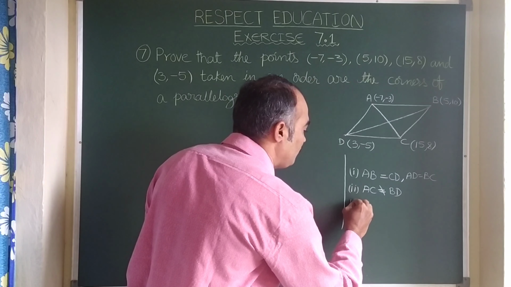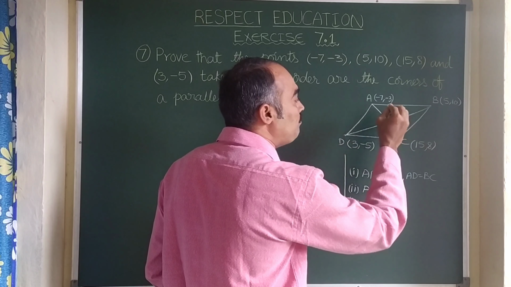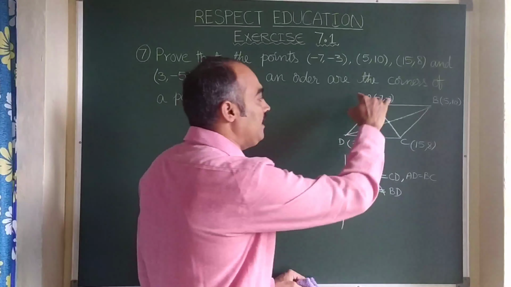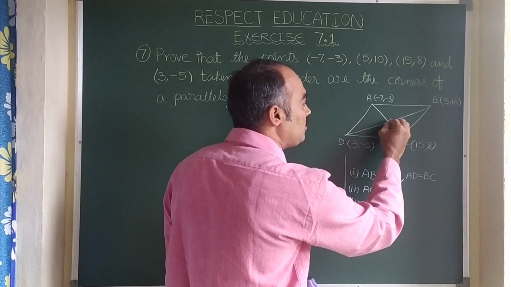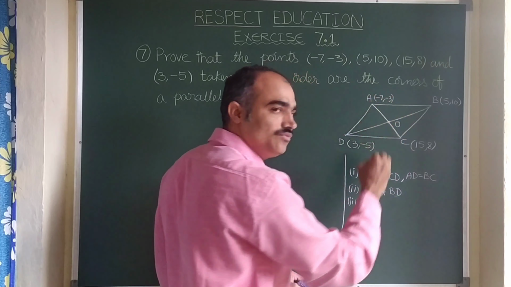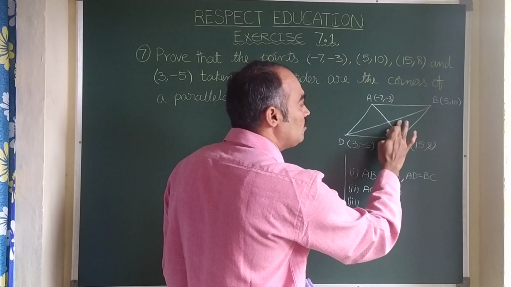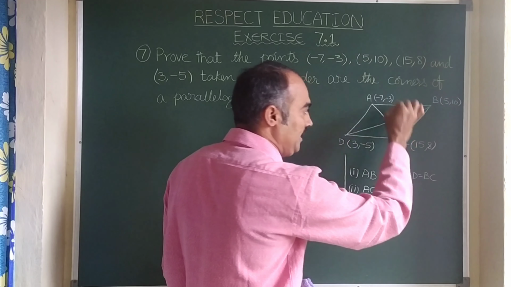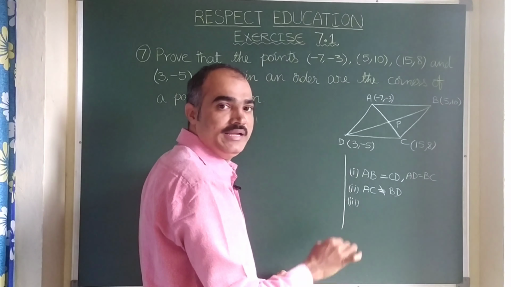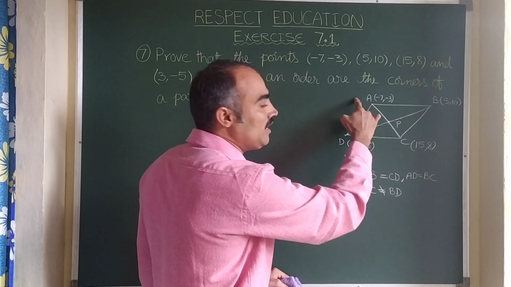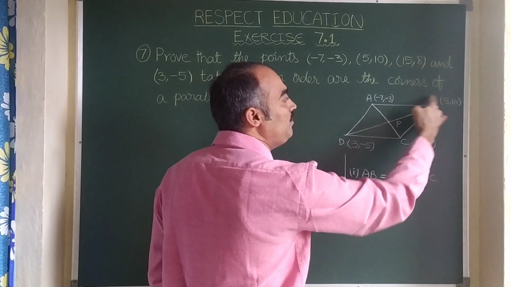One more thing we need to check is that the diagonals bisect each other. The meaning is, suppose I take this point as O, you may get confused and think it is (0, 0). So let us change this, and take this as P. That means both diagonals bisect at P. The meaning is that the midpoint of AC is P, and the same P is the midpoint of BD also.